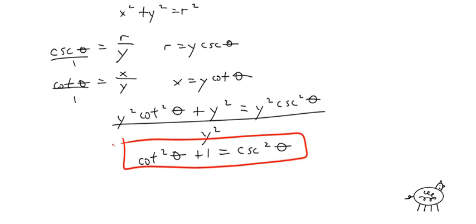So we got 3 equations here that are going to be super important, that we're going to be using quite a bit. I'm just going to write them out again so I can talk about them all in one place. We have sine squared of theta plus cosine squared of theta equals 1.